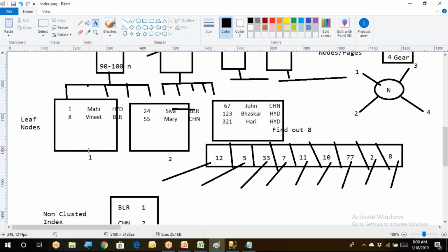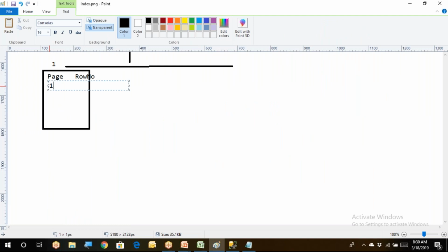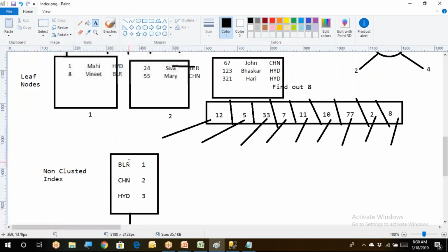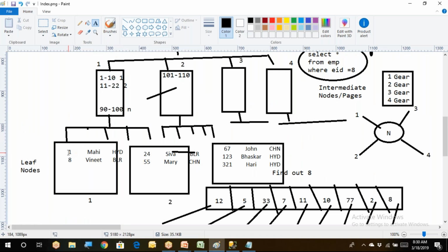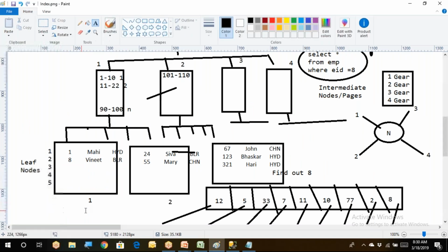Bangalore data is available in page number 1, because this is Bangalore data. Every row will have a row number: row number 1, row number 2, row number 3, row number 4, like that. Every page has a page number, and rows have a row number also.